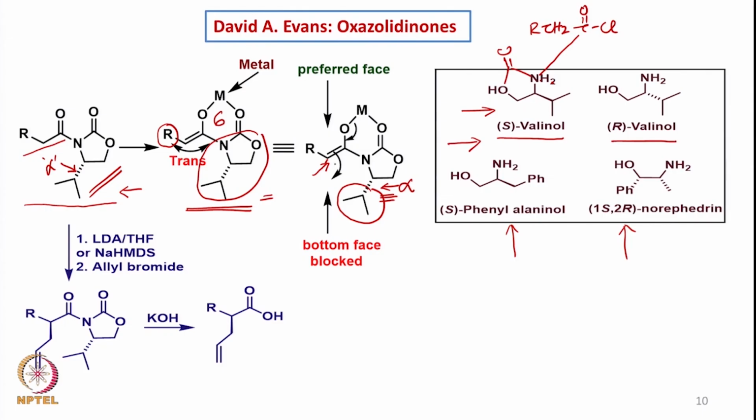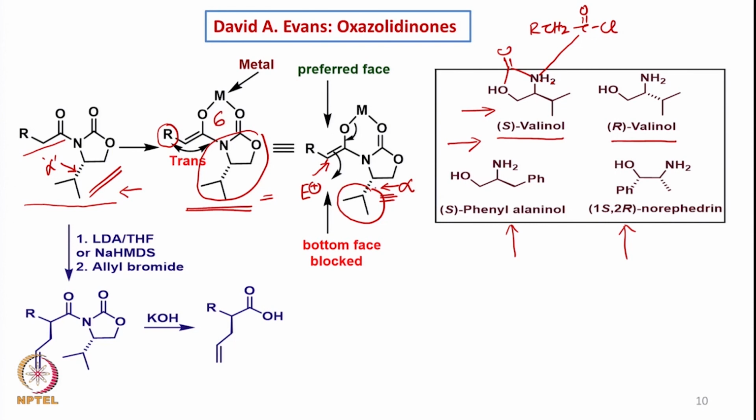This nucleophilic center will then react with an electrophile, and of course you will get the product. It can also go onto the other side, that is on the top.